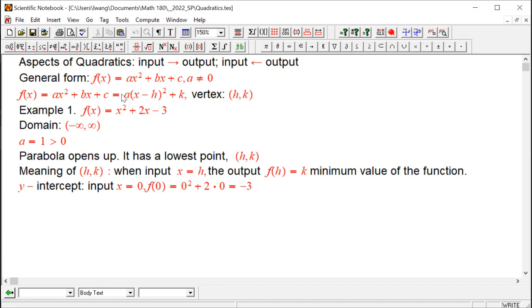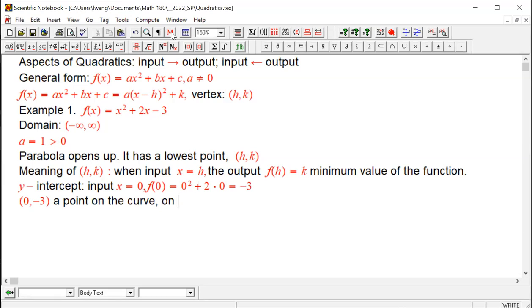So together with input equals 0, output equals -3, this makes a point. This is a point on the curve. But this is not just any point. It is a point on the axis for the output, or the y-axis, okay?